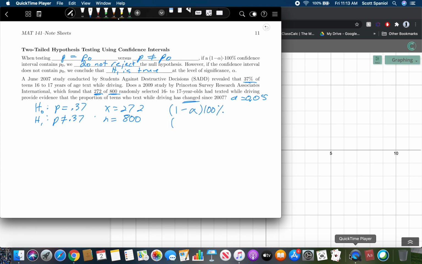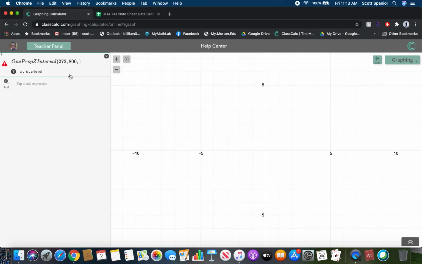So in this case, that'd be 1 minus 0.05 times 100%, which is 0.95 times 100%, which is 95%. Or in ClassCalc, we have to put it in as a decimal anyway, so it's really just 1 minus alpha, so 0.95. Okay, and that gives us our confidence interval.